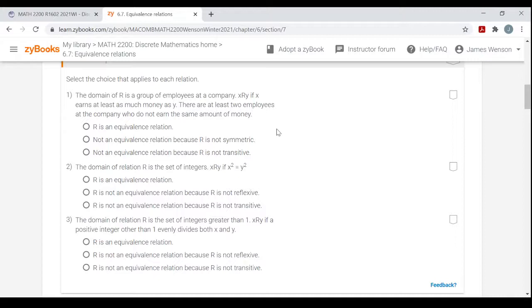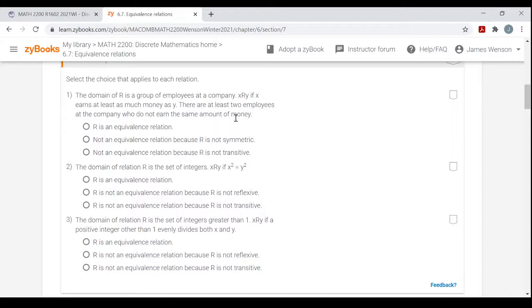Is it symmetric? No, it's not. Because again, they said there are at least 2 employees that don't earn the same amount of money. So take 2 of those people. The person who makes more money is related to the other person.